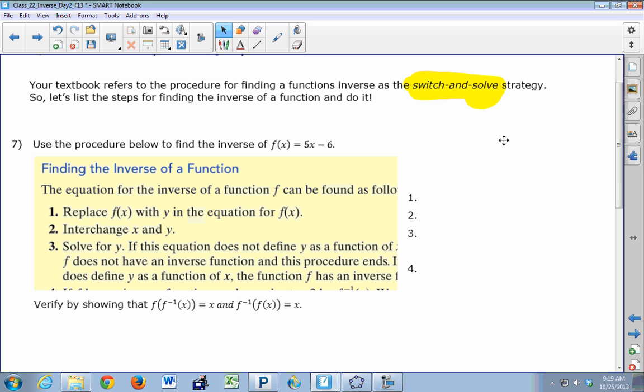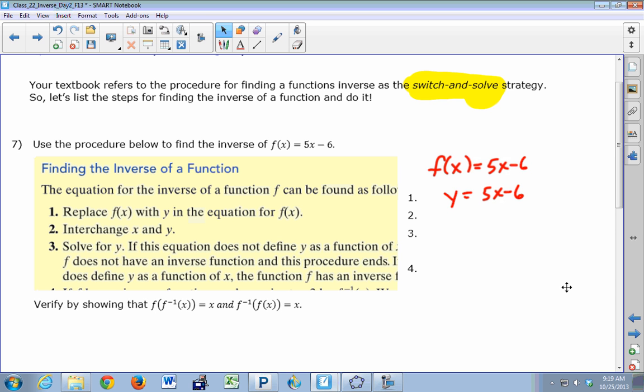So here's where our switch takes place. We're going to start off with our original function, f of x equals 5x minus 6. The first thing we do is replace f of x with the letter y. Then, since x and y swap their positions when we change the inputs and outputs, we do the switch.